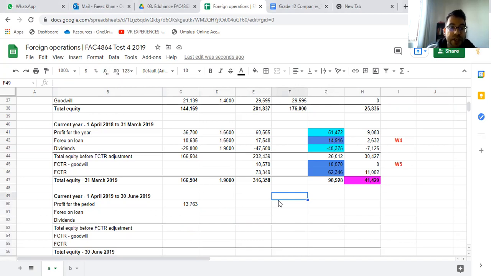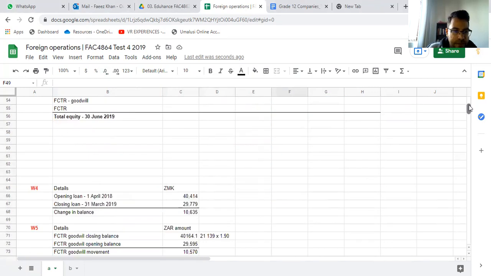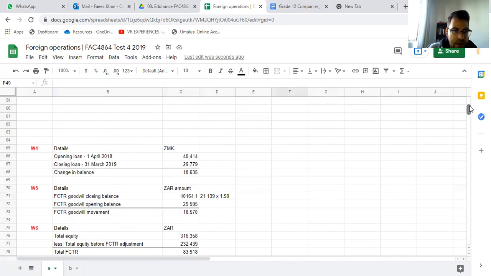Now we need to deal with the Forex on the loan. So the question is, how are we going to get the Forex on the loan? Basically, we need to get the foreign currency amount at 31 March 2019 and the foreign currency amount at 30th June 2019. So let's have a look.